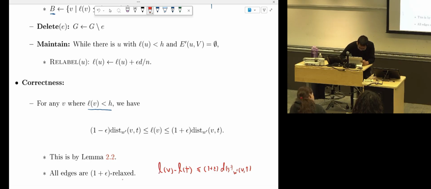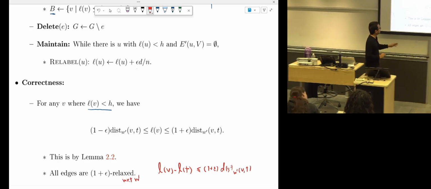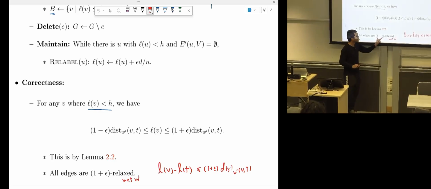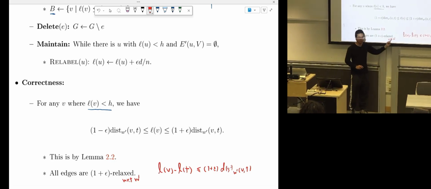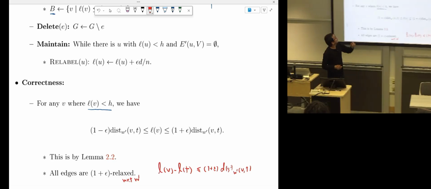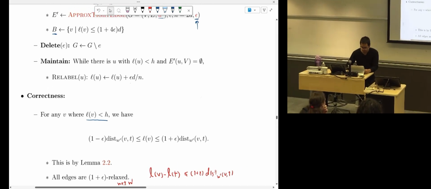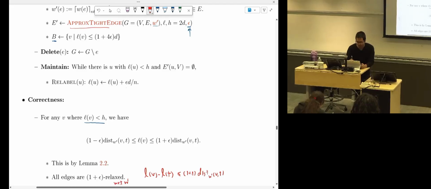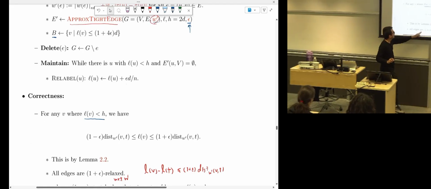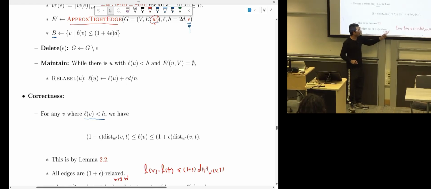This is relaxed with respect to W prime. Because all edges are relaxed with respect to W prime, because we maintain the approx type edge here with respect to W prime.